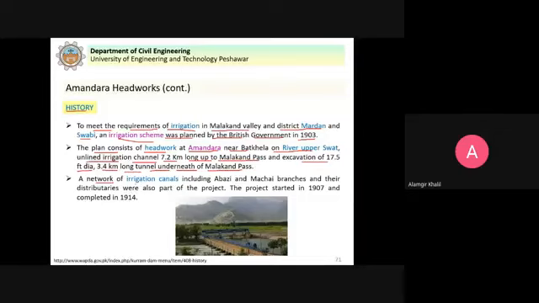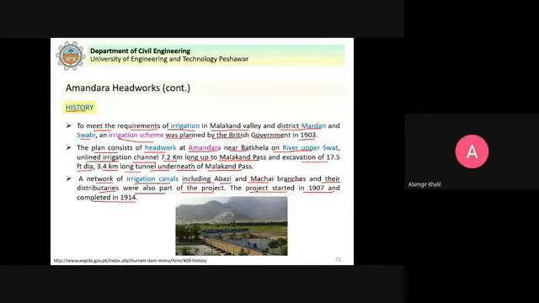A network of irrigation canals including Abazai and Machai branches and their distributaries were also part of the project. The project started in 1907 and completed in 1914. So this Amandara headworks, you can see that these were constructed by the British government.